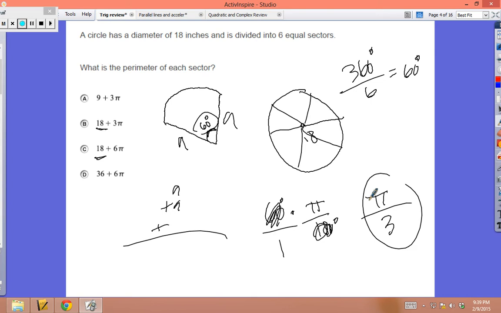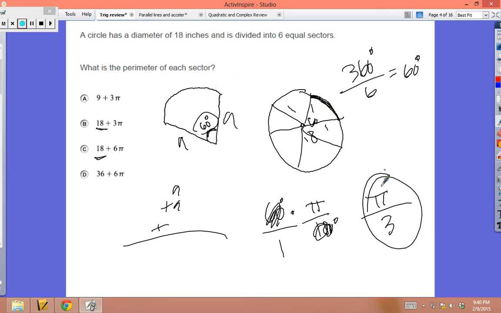Okay, now that's radians, and radians measures arc length of the unit circle. So if all of these guys were 1, 1, 1, and that was the 60 degrees, the radians measures the perimeter of this arc length right here. So this circle was times by 9, so I'm going to times this arc length by 9.